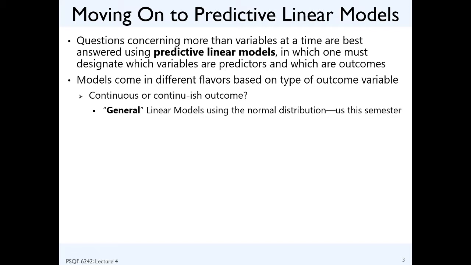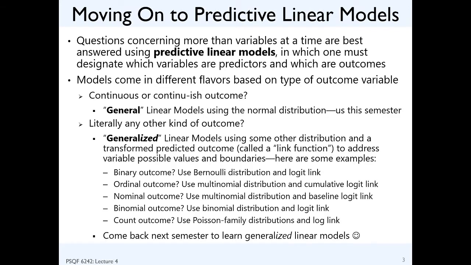That's us. Every other kind of outcome falls under a different word. Generalized. That means some kind of not normal outcome. That's the class I'm teaching in the spring. So I'd encourage you to come back if you have the chance to do so.